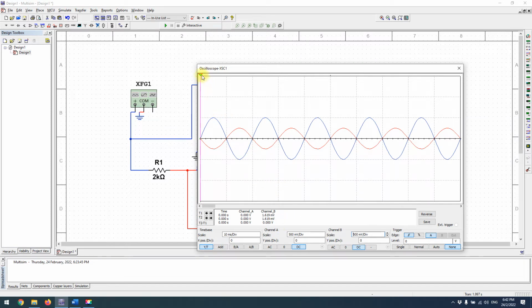Okay, now let me show you a trick to get exactly the middle of the wave, so that you can obtain the highest voltage peak on the positive or the negative side. You can use these rulers. You can click on it and define two maximum peaks or minimum peaks.